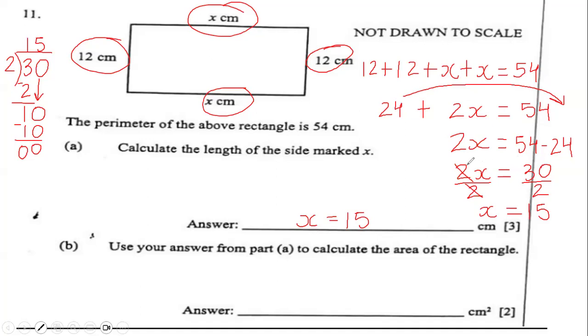Then after we get that, we're going to divide both sides by what? 2. Very good. Divide both sides by 2. 2 divided by 2 cancels out. And then 30 divided by 2 is what? 15. So that's how we get that x is equal to 15. You see that? Yes, sir. Good. And that's how we got our answer there. x is equal to 15.